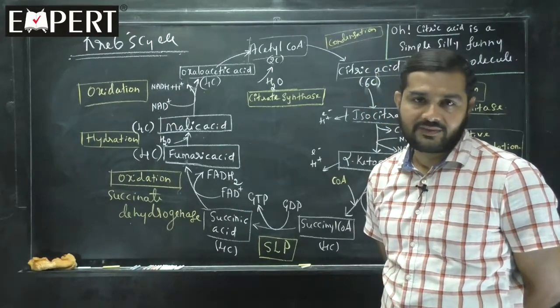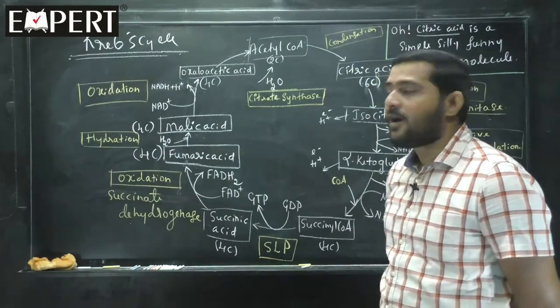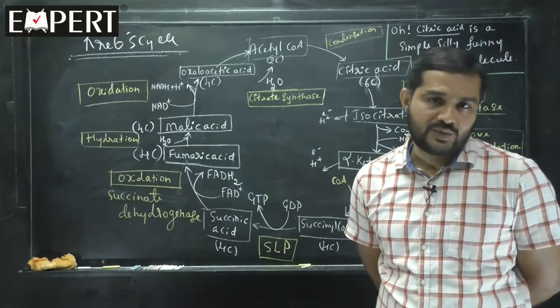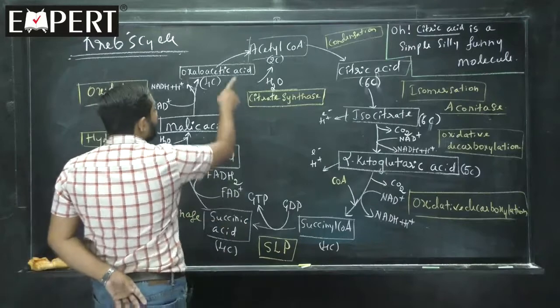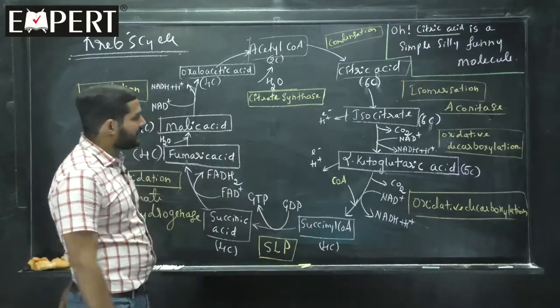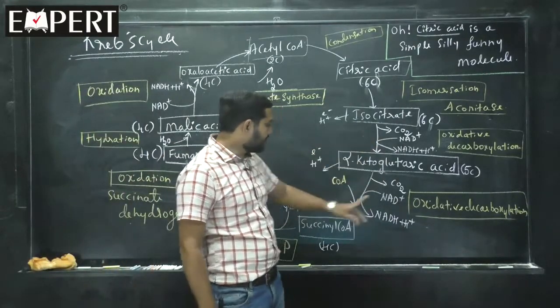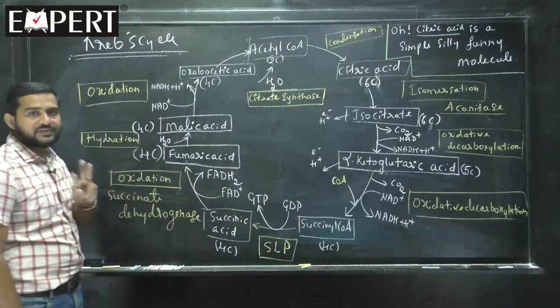All together, how many NADH plus H plus are produced in the Krebs cycle? Let us understand. For one acetyl CoA, 1, 2 and 3.